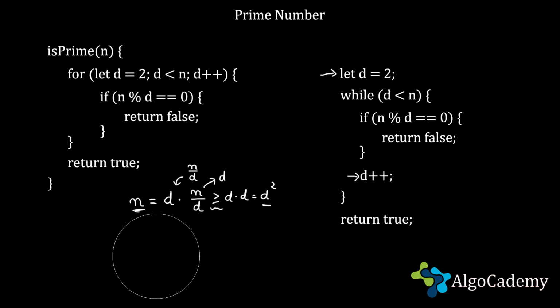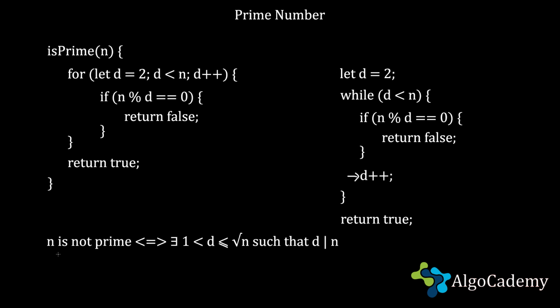In conclusion, n is not a prime number if and only if there exists some divisor d of n, such that also d squared is less than or equal to n, or in other words, d is less than or equal to the square root of n.